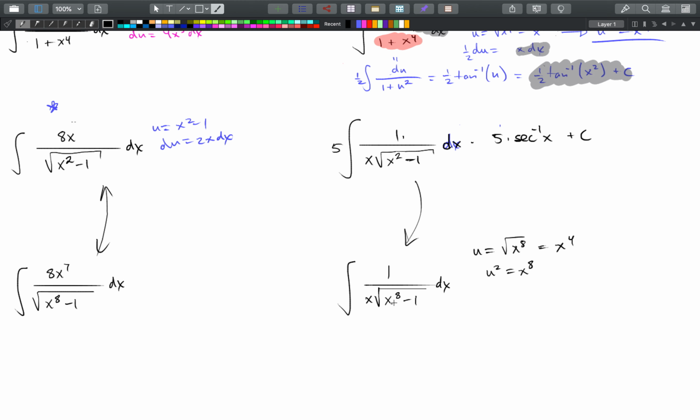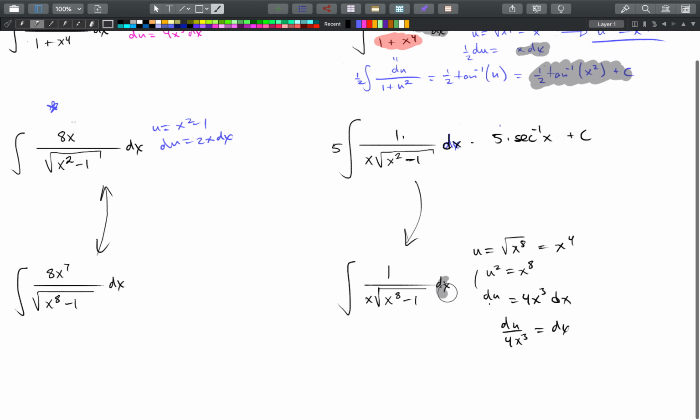So you can think of this as square root x to the 8 minus 1. Now, if you jump down here and take your du, you're going to get 4x cubed multiplied by your dx. There it is. Now you get your du over 4x cubed. Now that equals your dx.